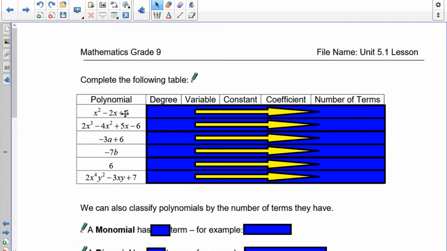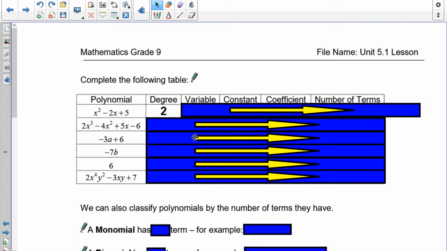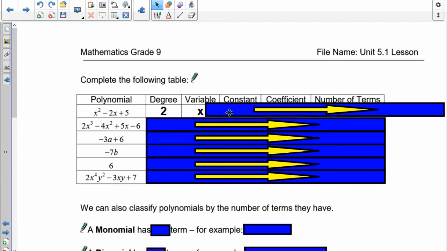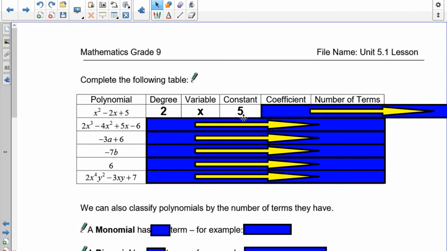Degree. You're looking for the largest exponent. That's a 2. That means our degree is 2. Variables. There's only one x in here. That means my variable is an x. The constant is the number that's by itself. That's the 5. There you go. The coefficients are the numbers in front of the variables telling you how many you have. So this is negative 2x's, so we have negative 2.